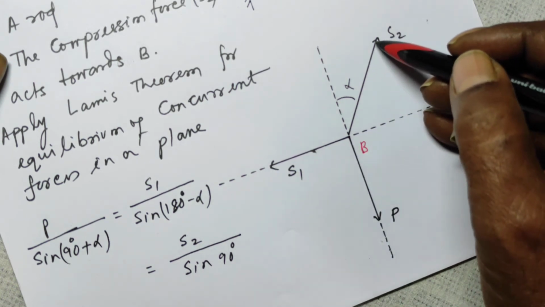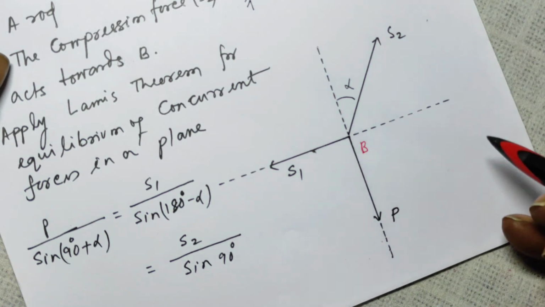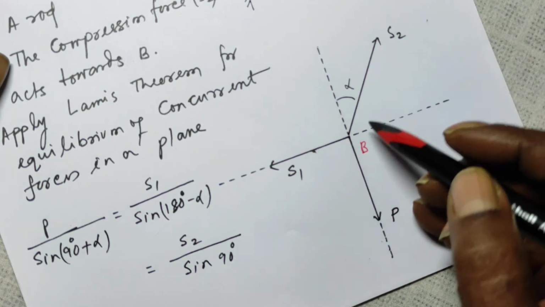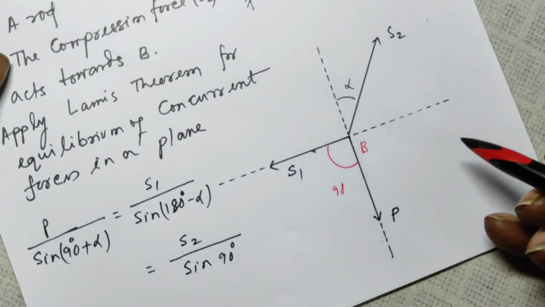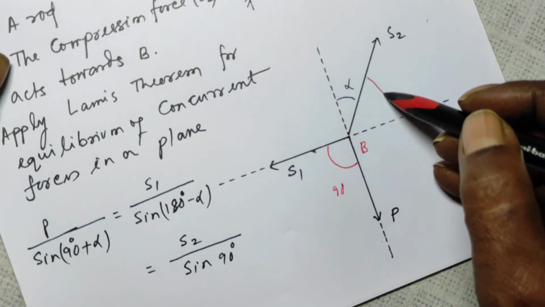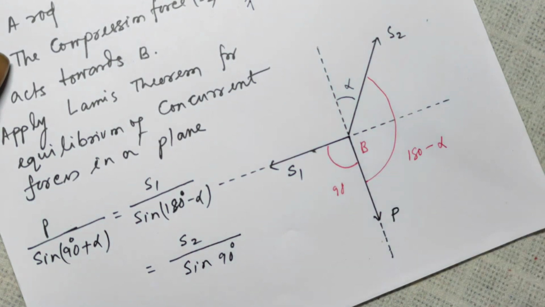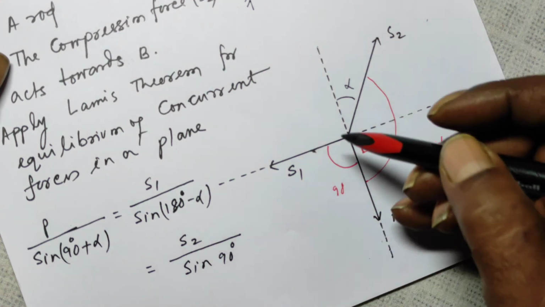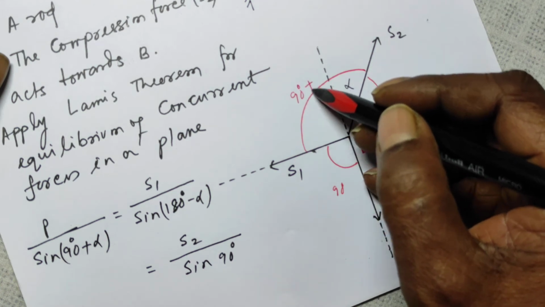This is your force of compression developed in the rod due to the load P. This is your load P. So this angle is equal to 90 degrees, this angle is equal to 180 minus alpha, and this angle is equal to 90 degrees plus alpha.